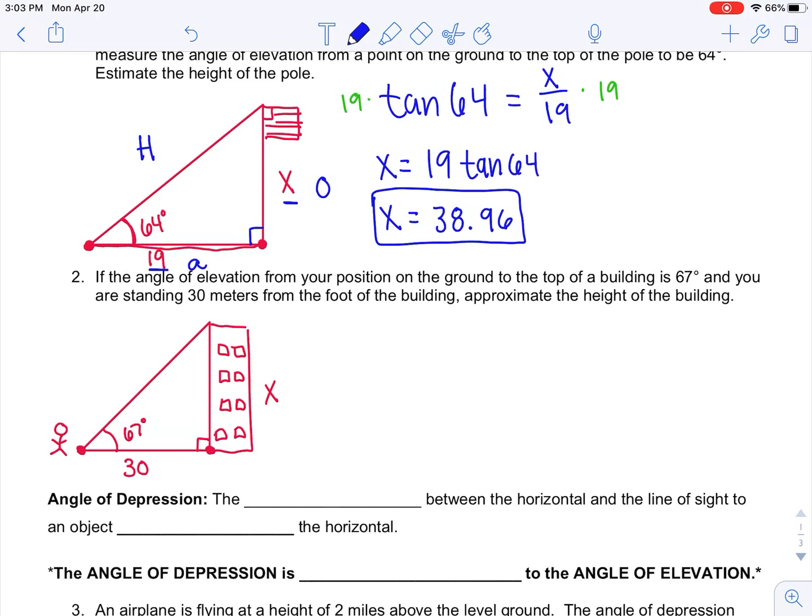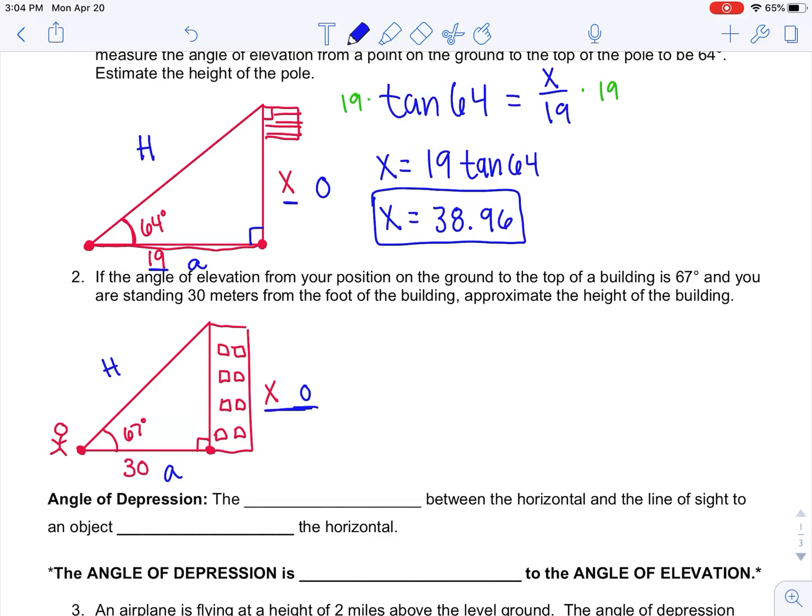So once we have that drawn, we need to label our O, our A, and our H. Across from our right angle is our H, our hypotenuse. Across from the angle we know is our O, our opposite. And then right beside the angle is our A, our adjacent.